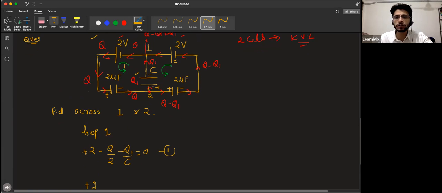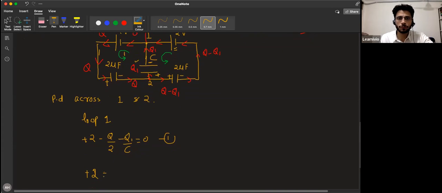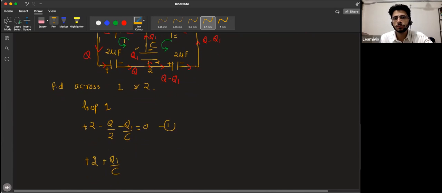It's a rise, so plus Q1 by C. Then from here to here, first positive, then negative, a fall. Minus of (Q minus Q1) divided by 2 is equal to 0.